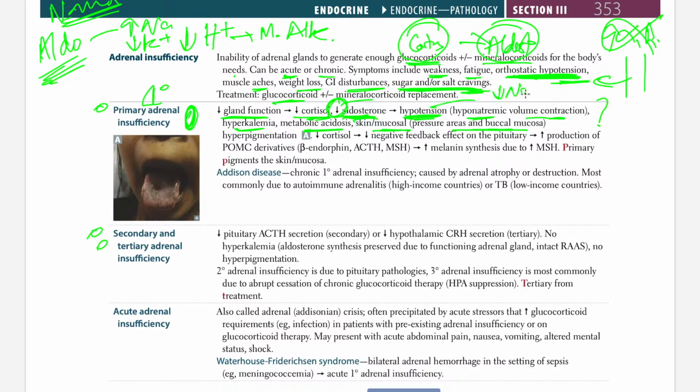So low sodium, meaning hyponatremia, increased potassium, meaning hyperkalemia, and you're not going to dump your hydrogen ions, which are acid. So you're going to keep this because you are deficient in aldosterone, so it's going to cause acidosis, so metabolic acidosis.